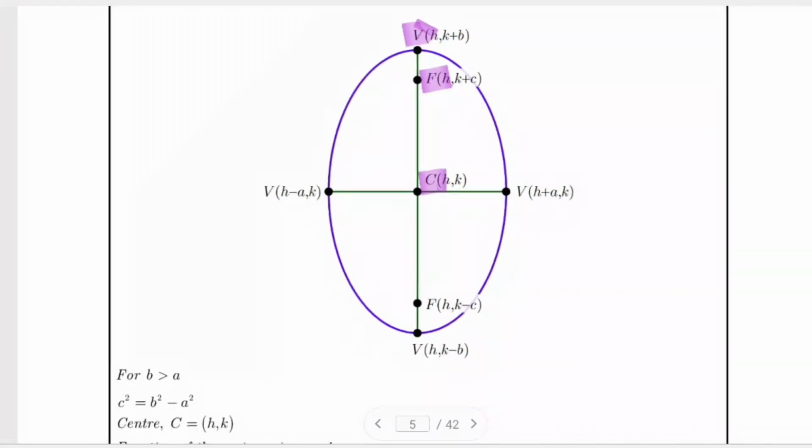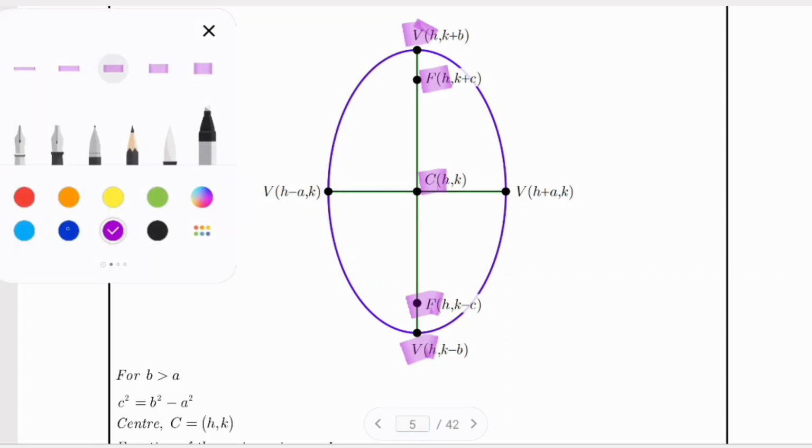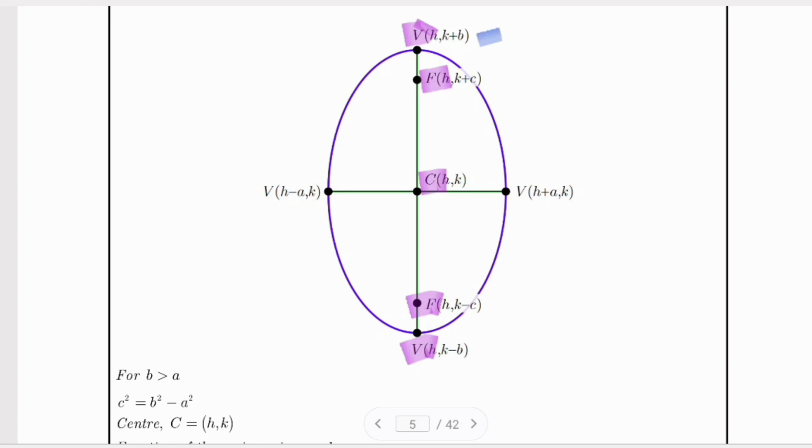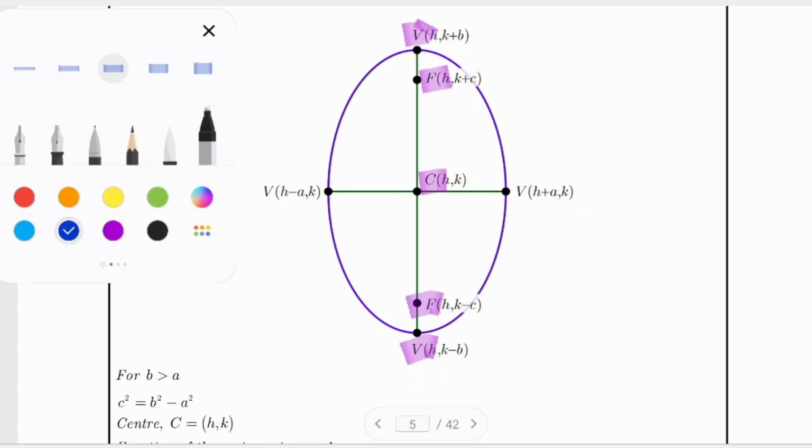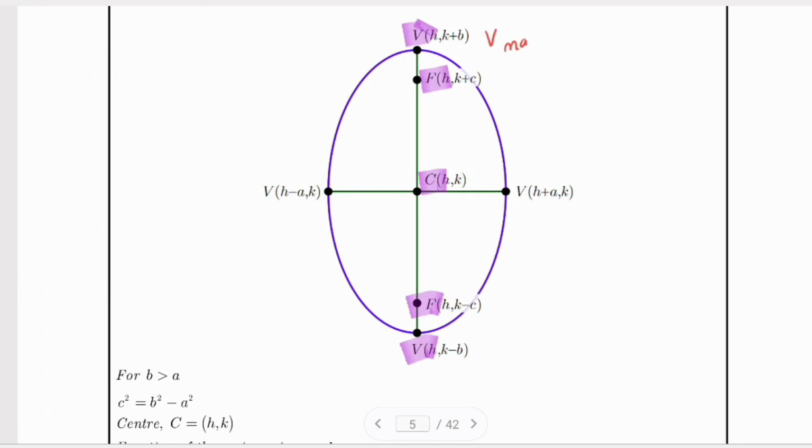But it also has foci over here and vertex over here. So this is called vertex major. The vertex over here and over here is called vertex minor.